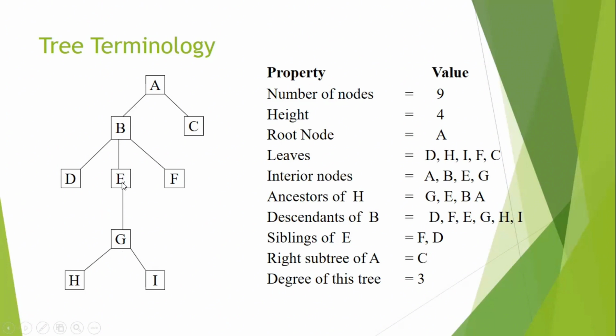The siblings of E are D and F. Then the right subtree of A is C, and the left is B. The degree of this tree is 3, which represents the maximum number of children of a node.